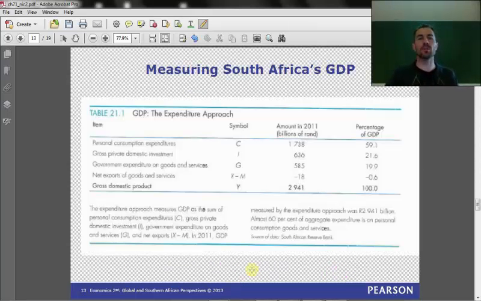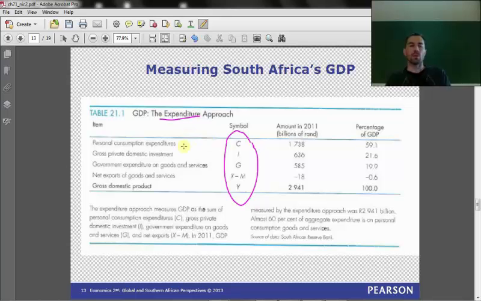So here's GDP. This is the diagram from the textbook. If we're looking at the expenditure approach to measuring GDP, what are our components? Consumption, investment, government spending, net exports, and then our total gross domestic product. Okay? So the figures that we have here from 2011 are GDP in South Africa.